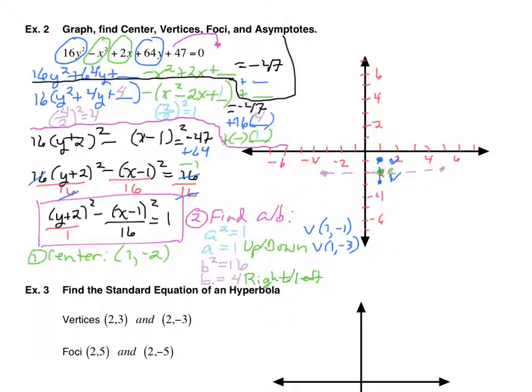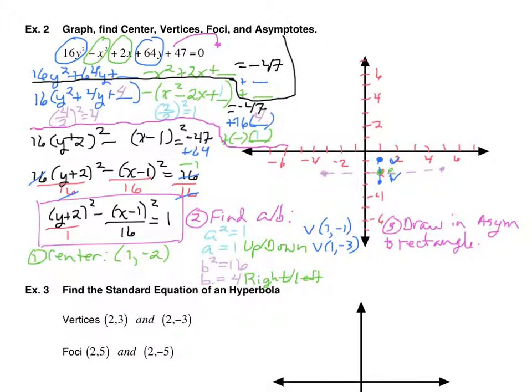So step 3, draw in asymptotes and rectangle. The rectangle needs to come first. So here we go. You're using a straight edge. I'm not. And you're going to want to put in your corners above here. So here's a corner that goes here, one here, and one up here.